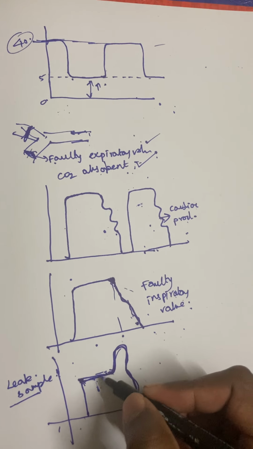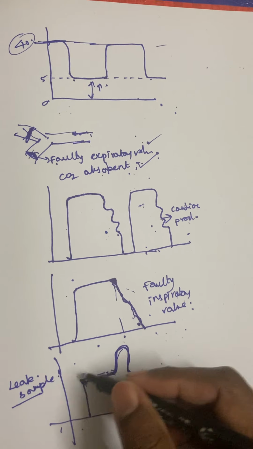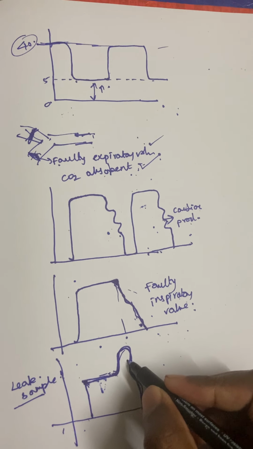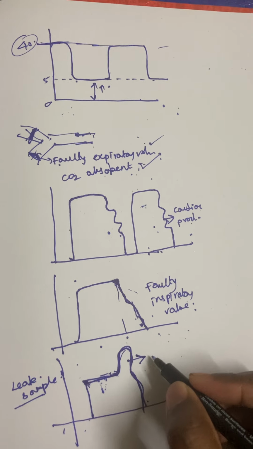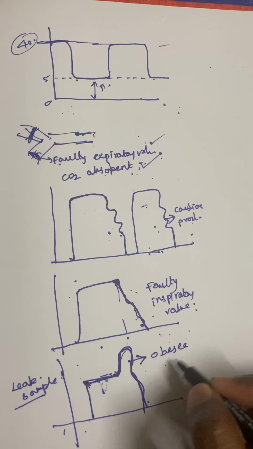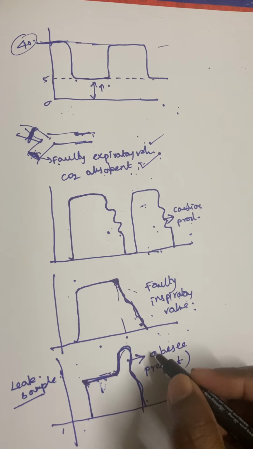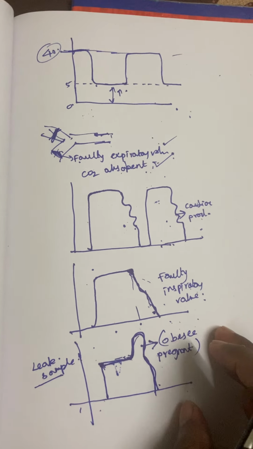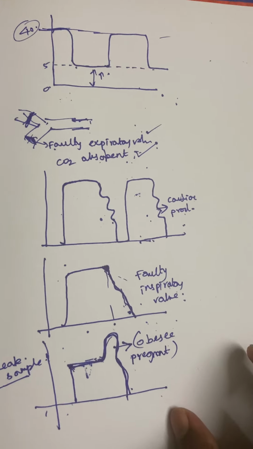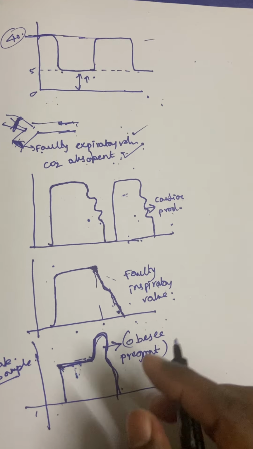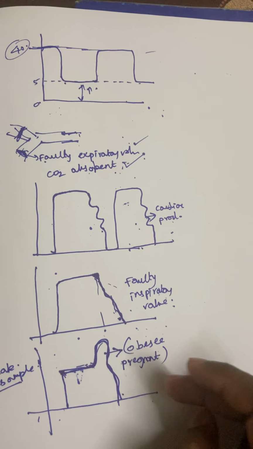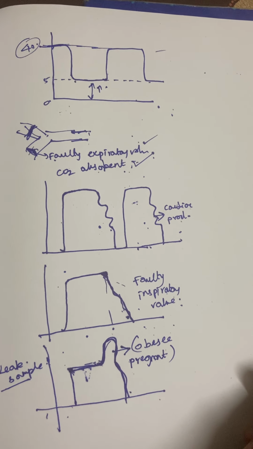This kind of waveform is seen with a leak in the sample. But a physiological elevation at the end of phase 3 is seen in obese patients and pregnant women. That is a normal physiological finding because of the reduced FRC and reduced compliance. We'll be discussing it in the gynec part. So these are the major leak samples.